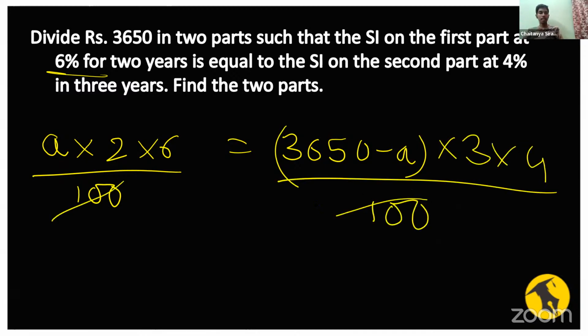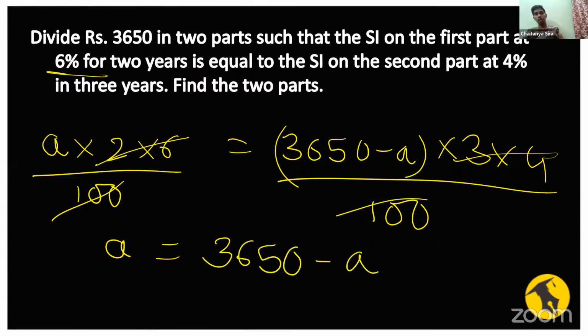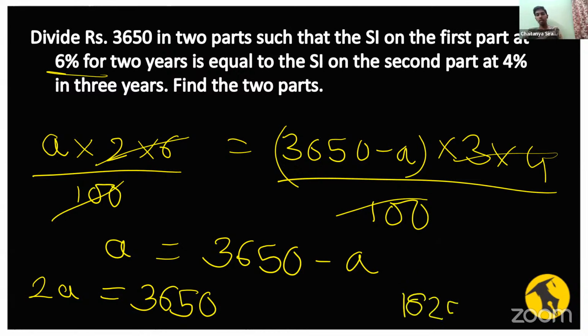So 100 cancels. 6 2s are 12 and 3 4s are 12. That means the principal for both the cases is equal. So we invested exactly half amount in each of the banks, or let's say both the parts are equal. So half of 3650 would be 1825.